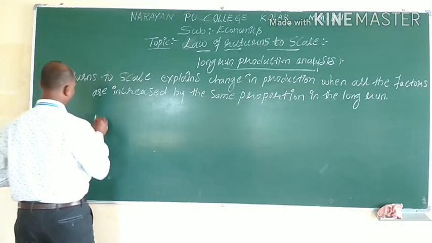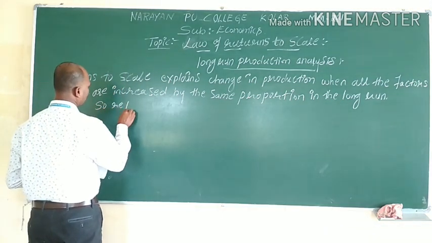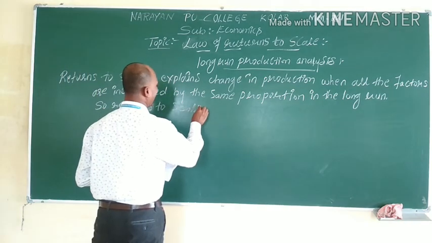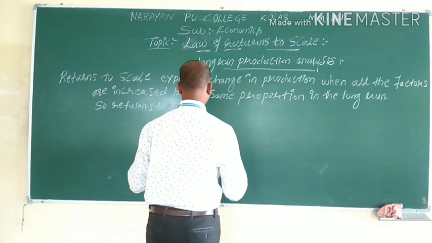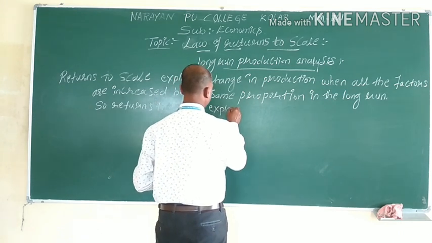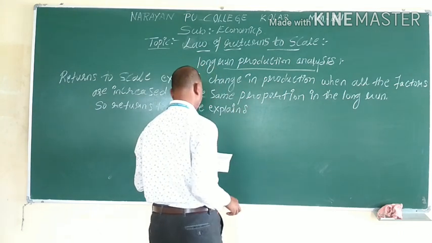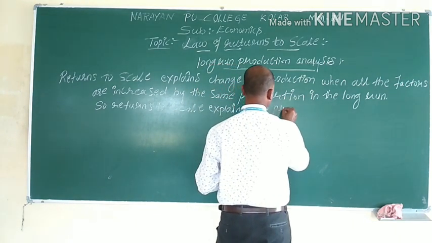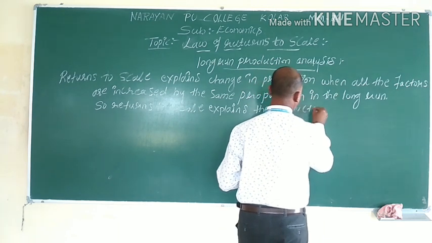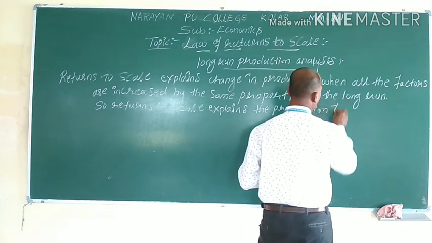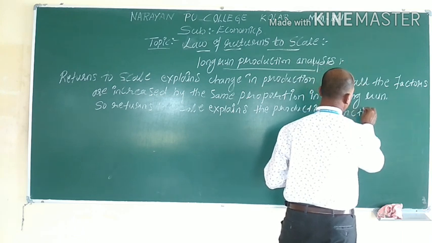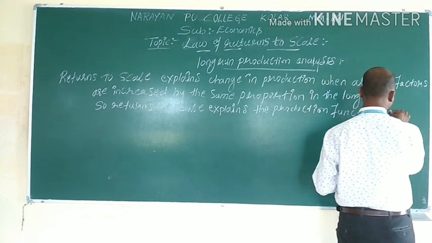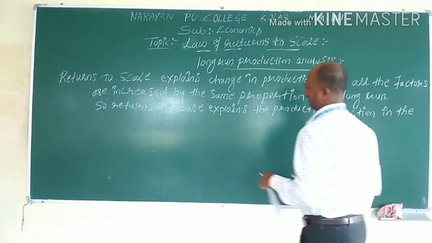So returns to scale explains the production function in the long run.